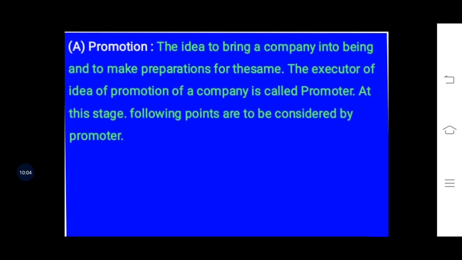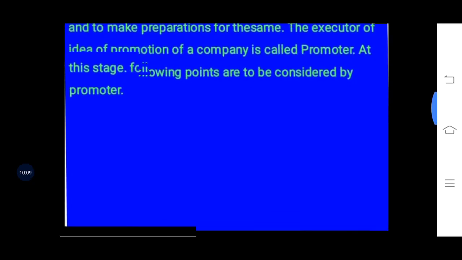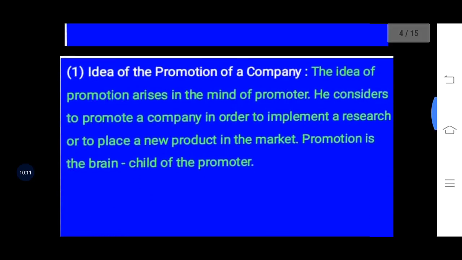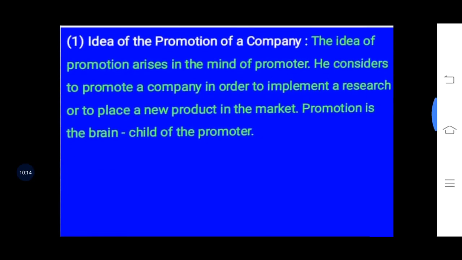Now, what are the main points which a promoter will have to consider for starting a company? So the first one is the idea of the promotion of a company. The idea of promotion arises in the mind of the promoter. Here, the word promotion does not mean increment, it means establishment, the beginning. So the idea of the beginning of a company arises in the mind of the promoter.